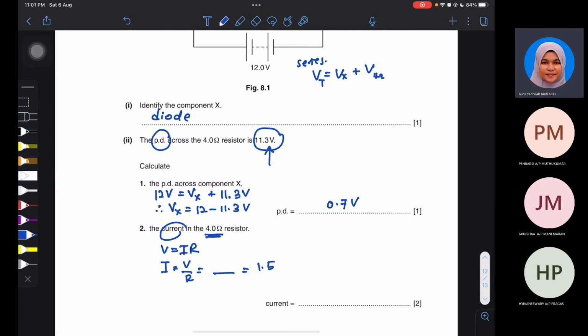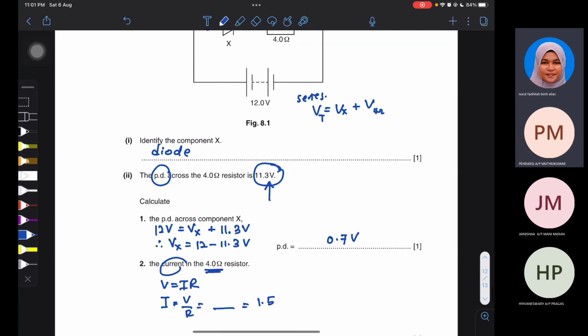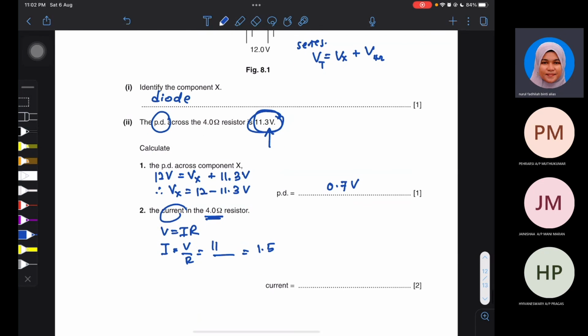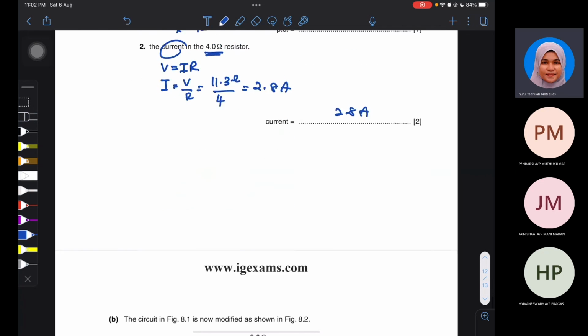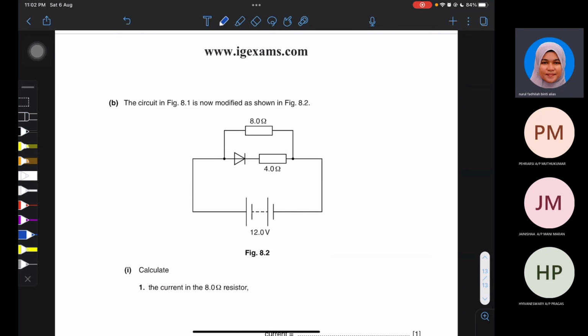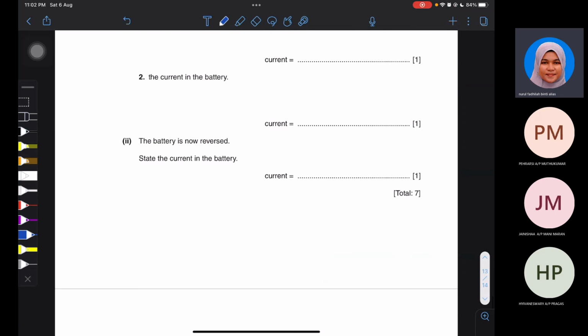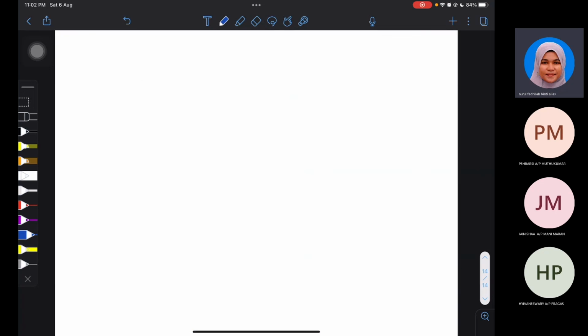Dia nak add 4 ohms, voltage 11.3. So 11.3. And dia 4 ohms, dia 4 lah. Okay. So that's easy. Dapat berapa jawapan? 2.8 amps. So kalau yang ni dia circle, dia tambah pula yang ni. Okay, dah. So you boleh buatlah sendiri ataupun saya bagi jawapan nanti you boleh try.